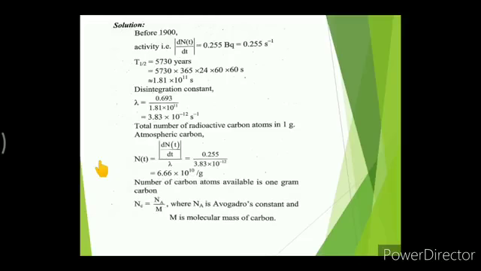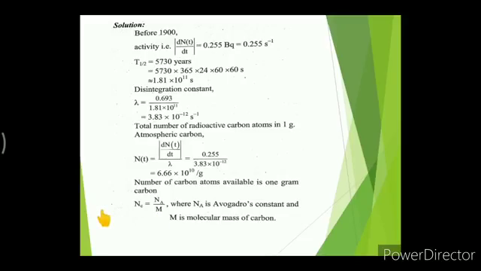The number of carbon atoms available in 1 gram of carbon can be calculated by using the formula, the ratio of N_a upon m, where N_a is the Avogadro's number, Avogadro's constant, and m is the molecular mass of the carbon.